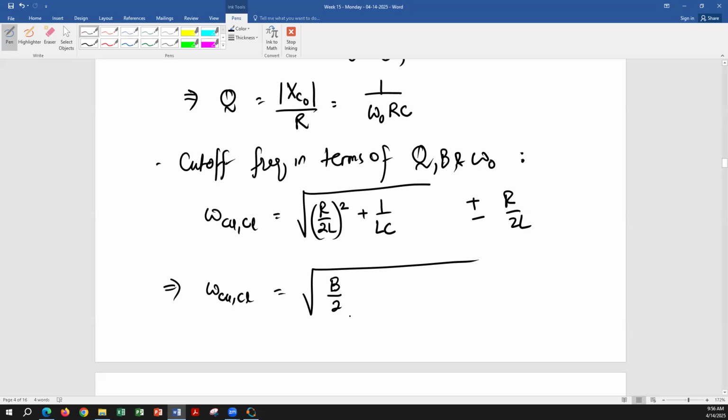R over L is the bandwidth, so we can write this down as the square root of (bandwidth over 2) squared, and 1 over LC is omega naught squared.